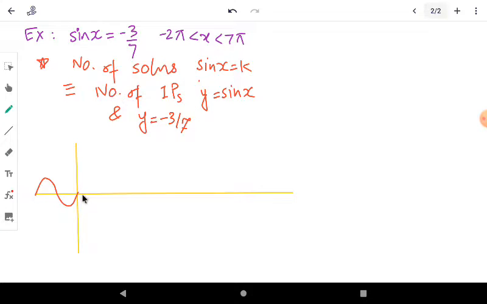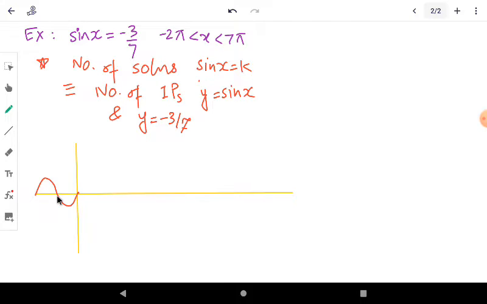Or else we can draw till 7 pi also, and then we can do it by some reasoning also without drawing the graph. Let's do it by reasoning first.